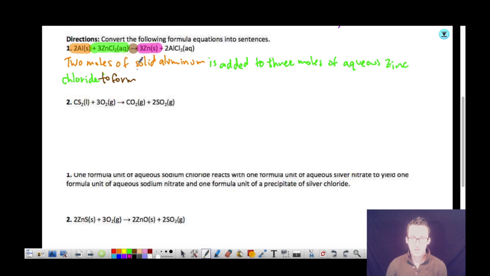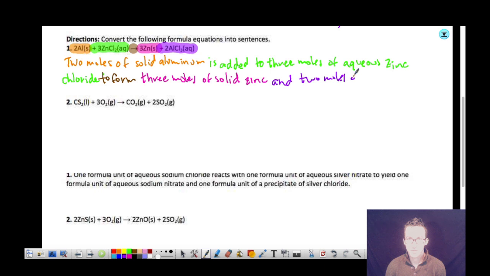3 moles of solid zinc and 2 moles of aqueous aluminum chloride.